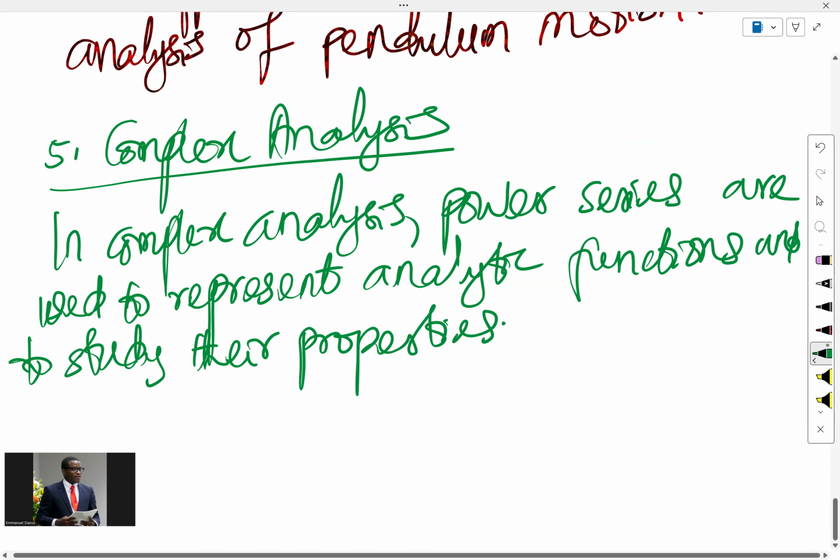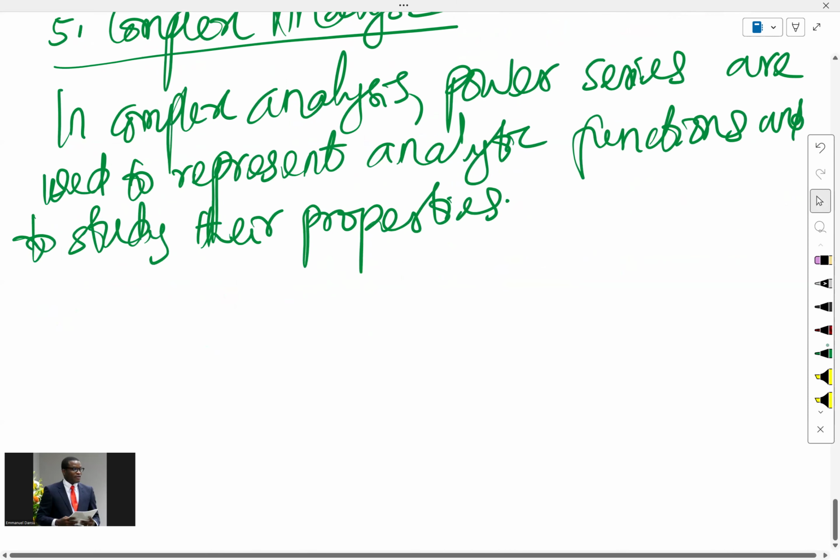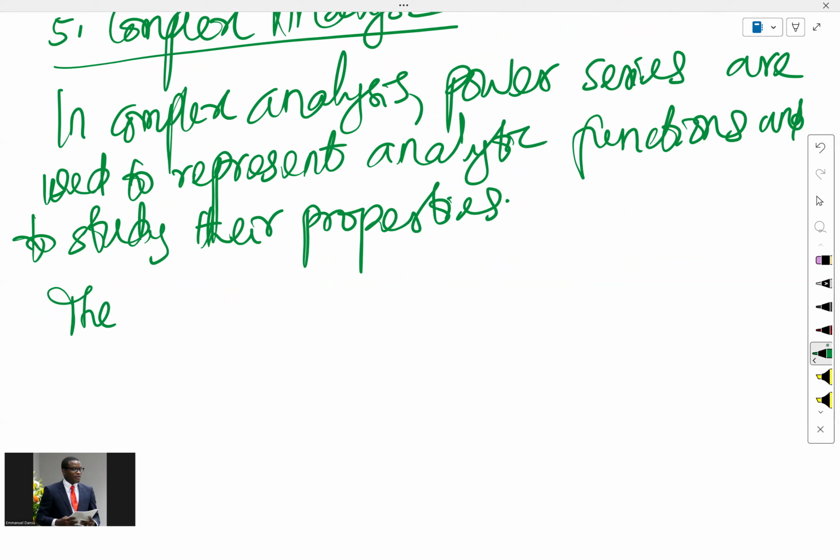Okay, so if you want to study analytic functions, you can use power series. I mean, this is seriously used in this field. Fields like univalent functions and all of those kind of functions.